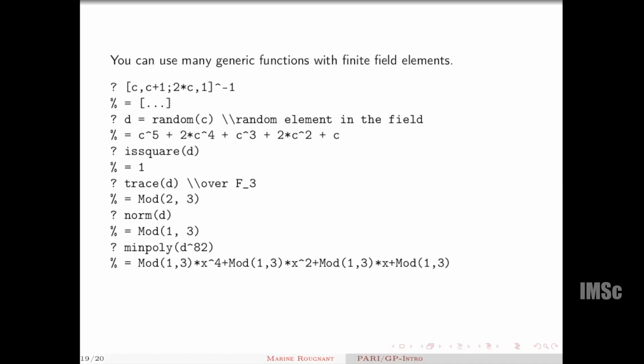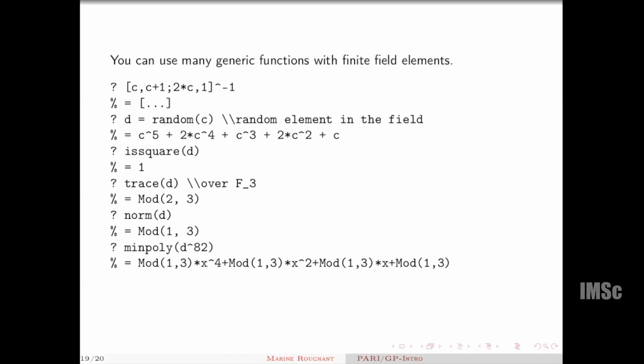You can compute the opposite. You can put it to the power of -1. You can also get a random element of your field by asking random C, where C is the generator. If C is the generator of the finite field, this will give you a random element in your finite field, given by a polynomial in C.